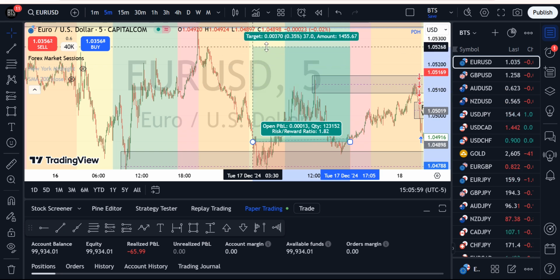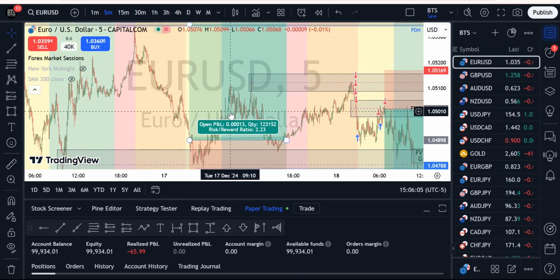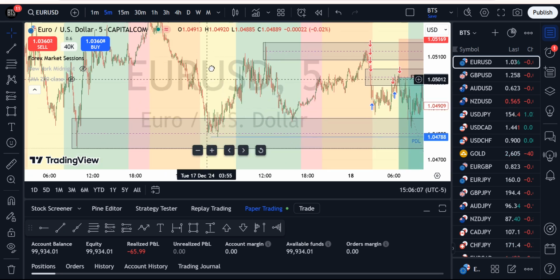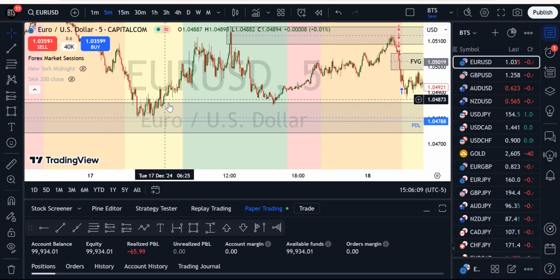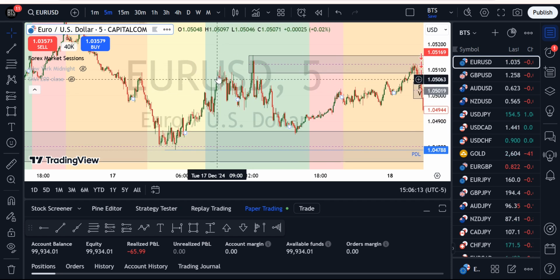I can look out for this high, and I can look out for going back all the way to this demand level. But unfortunately for us, right here, we got this swing move, we got price trading back down. And one thing I want you guys to know is, if you want to validate a demand or supply level, have we taken out a high or a low?